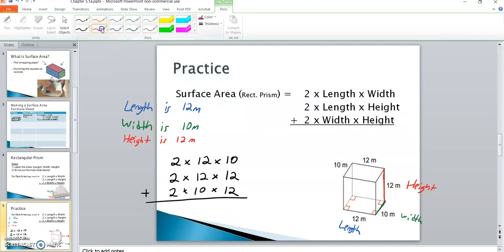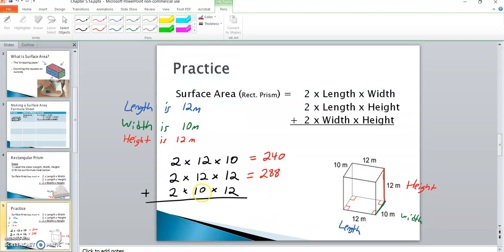So what we need to figure out is what each of these are. So 2 times 12 times 10, I'll punch that into my calculator, and it's 240. 2 times 12 times 12 is 288.